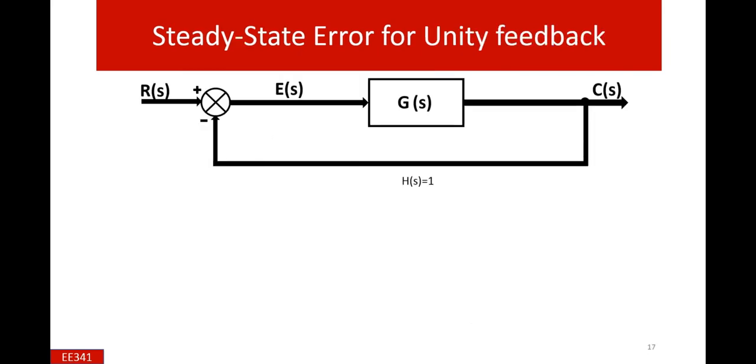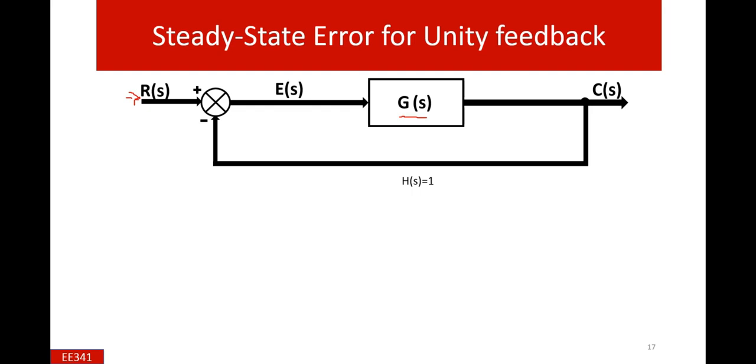Now we want to find the definition of steady state error from the block diagram. This R(s) represents the reference or input value, and C(s) represents the output value, and G(s) represents the open loop transfer function, and E(s) represents the error signal, which is the difference between the input and the output.